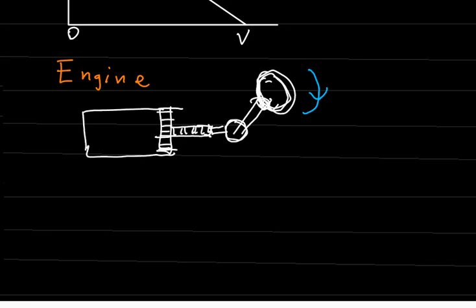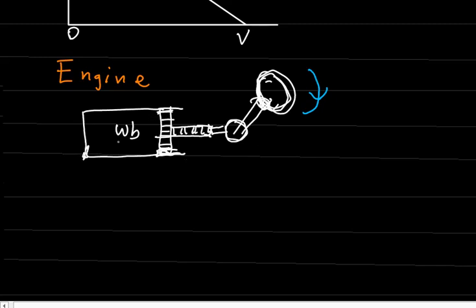So now you discover that the boundary work that is actually done is going to be equal to the work that is done, first of all, against friction, because this particular piston is moving against the wall of the cylinder, so there's friction.